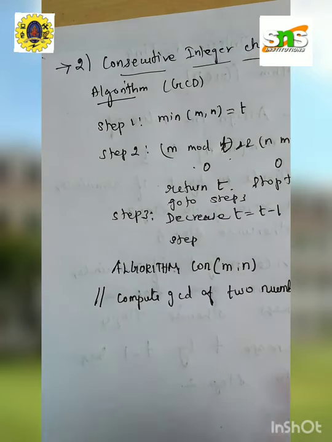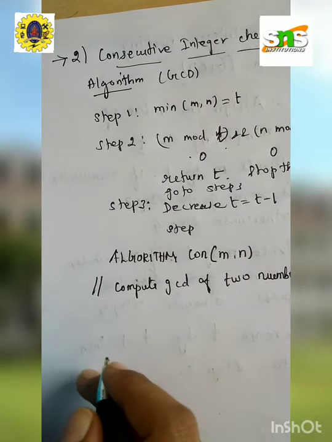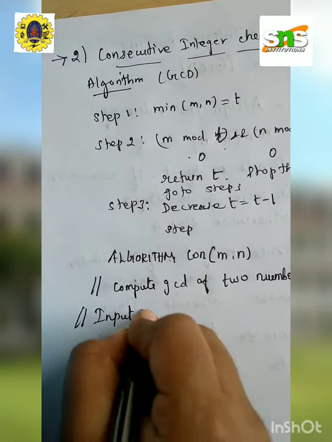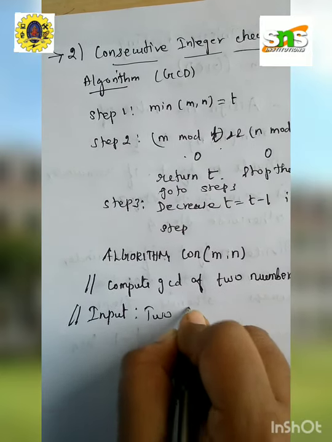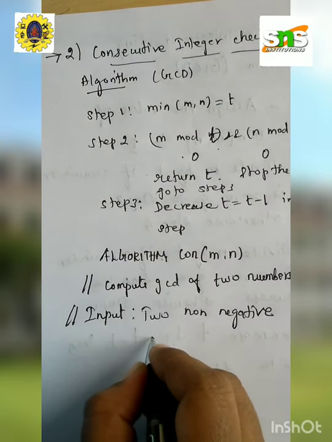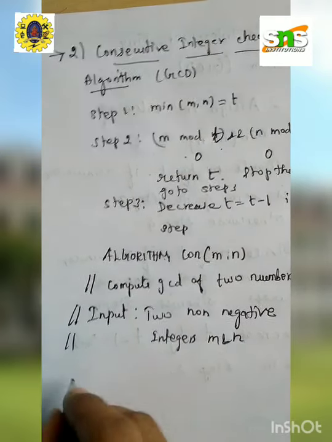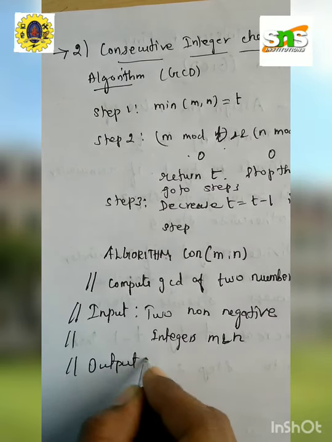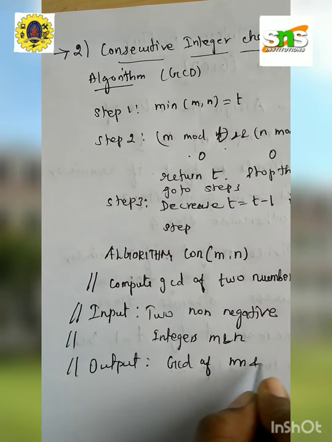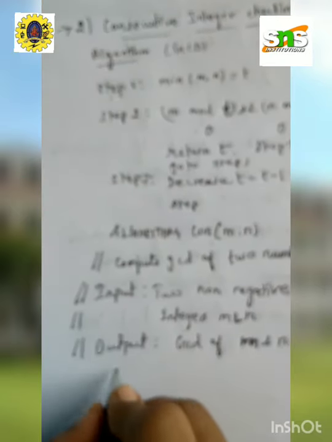Input: two non-negative integers m and n. Output: GCD of m and n.